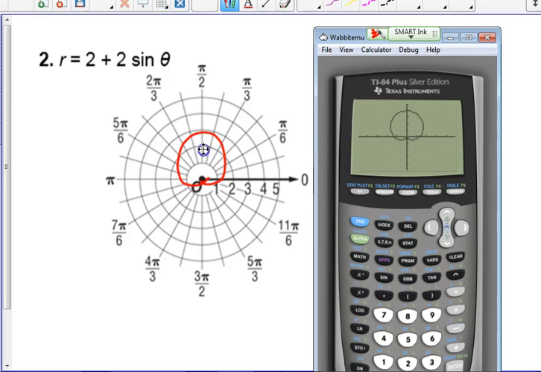I didn't do this very well because I think I was supposed to go all the way up to this one. I was supposed to go up to 4, I think. Ooh, that's really bad. It's called a cardioid because it kind of looks like a heart. This one is a little round, so it kind of looks like a butt. That's what they told me. To look like a butt.